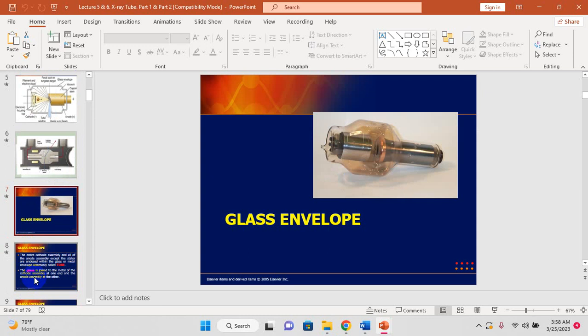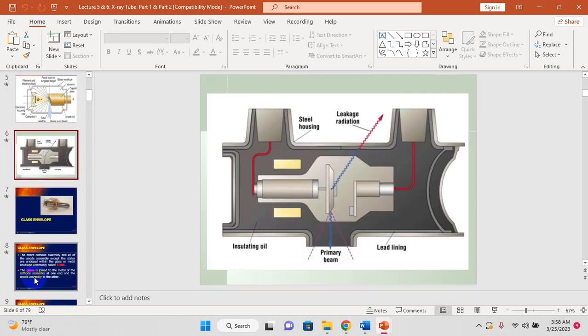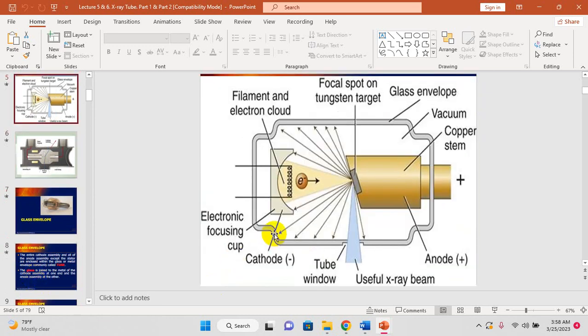Okay, so let's talk about the glass envelope. By the way, this is what we call the glass envelope. This is what protects against leakage radiation coming out.